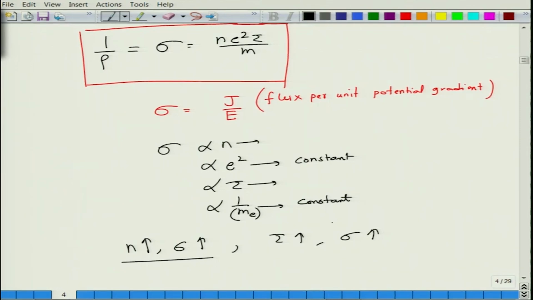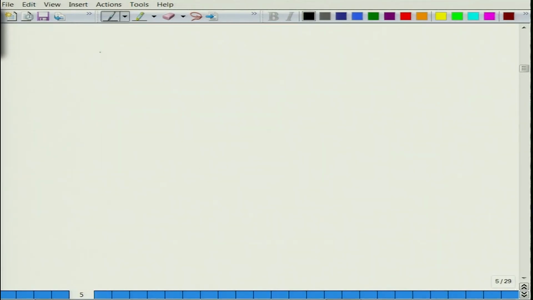So what you can however affect for a given material is tau, and this tau is relaxation time, which is a function of scattering.